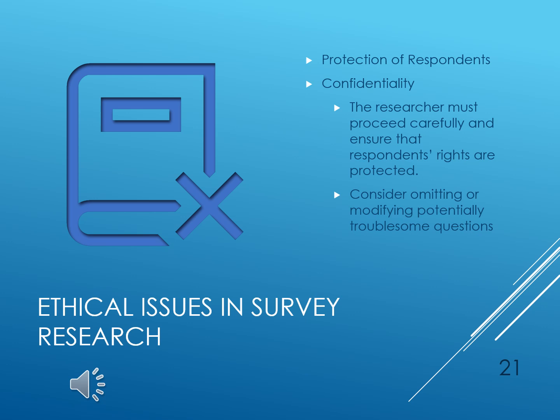Confidentiality is important. The researcher must proceed carefully and ensure that the respondents' rights are protected. Do no harm to your respondents, and be sure that the information is kept in a safe and secure location, and consider omitting or modifying potentially troublesome questions.